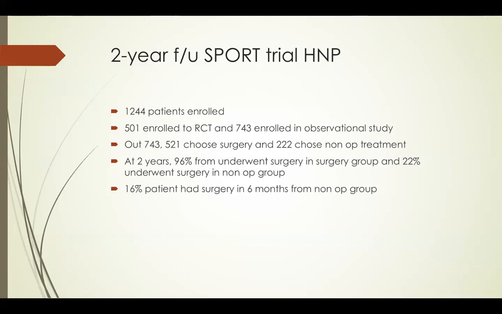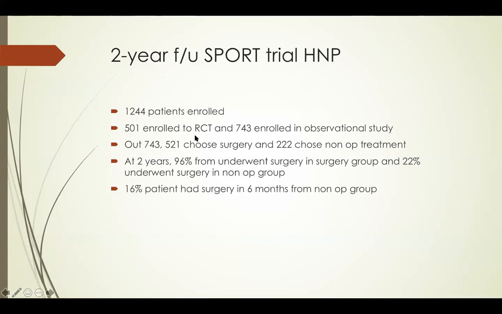So initially when they started, they wanted to do everything as a randomized controlled trial. What happened with the practicality of this trial, they found out some of the patients want either surgery or no surgery, either or. So they created the observational study.